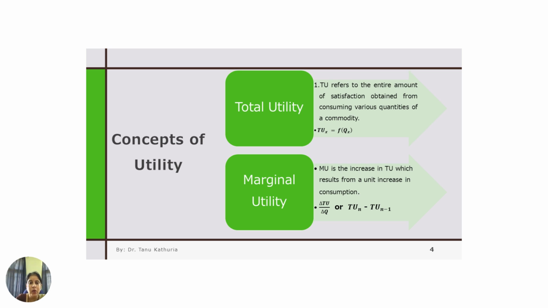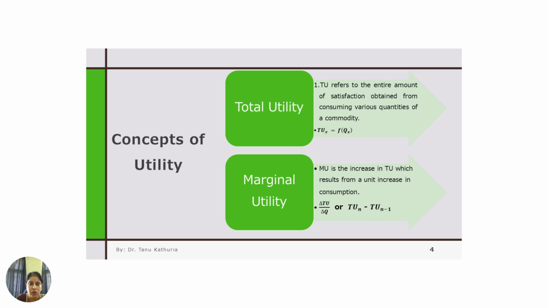When I say utility, I am actually talking about two major terms. One is total utility, that means how much in totality I am getting satisfaction, and the other is marginal utility, that is the additional utility or satisfaction which I'm getting. When I have to calculate the total utility, it is the total amount, that is the summation of all the units which I'm consuming.